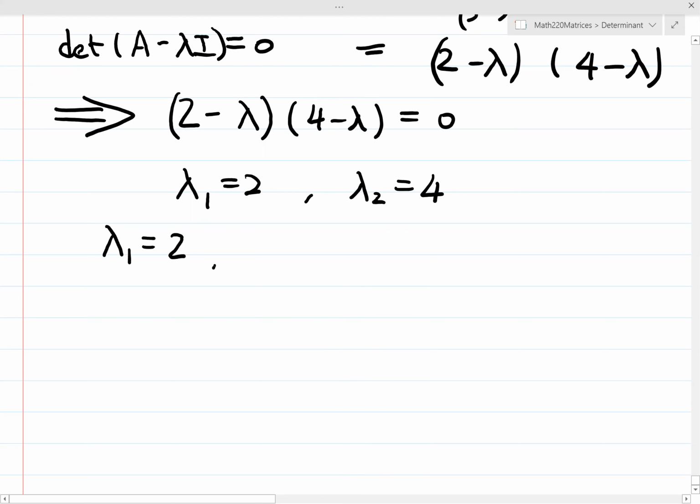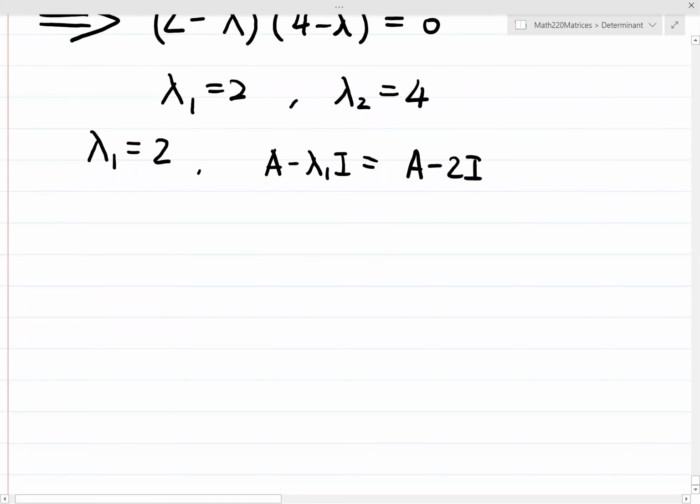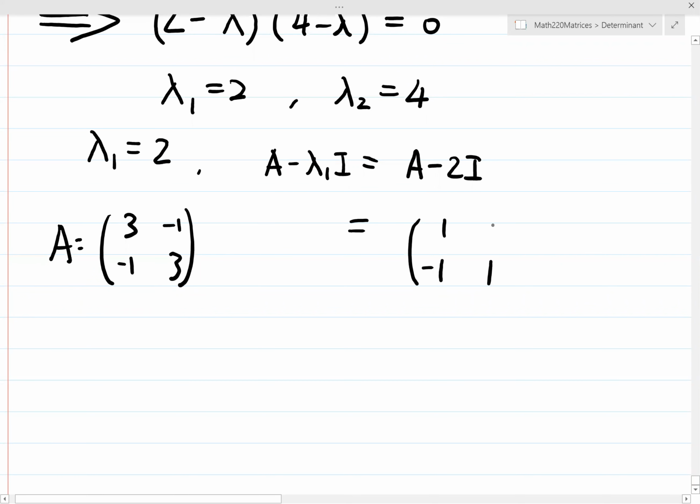Now let's see what happens if lambda 1 is 2. Then A minus lambda 1 I will be A minus 2I. Remember A is 3, 3, -1, -1. So A minus 2I has minus 2 on the diagonal: 1, 1, and the off-diagonal terms are kept fixed.